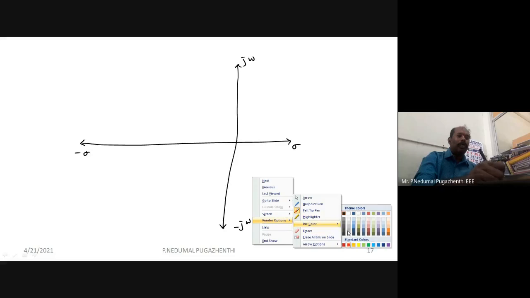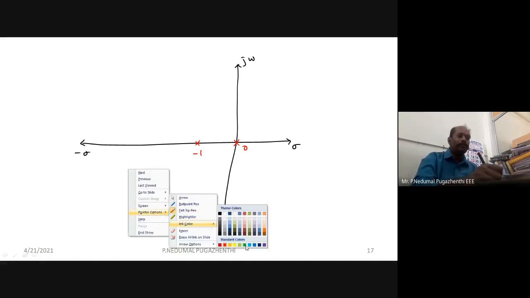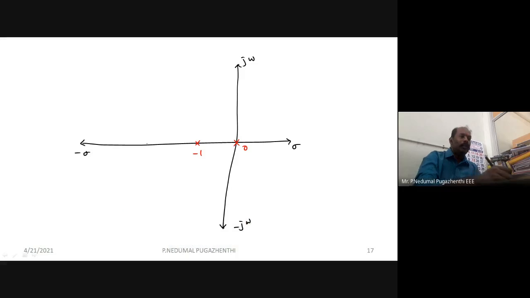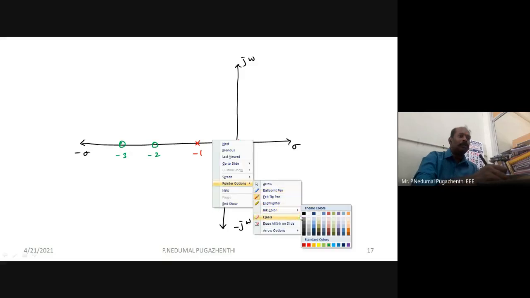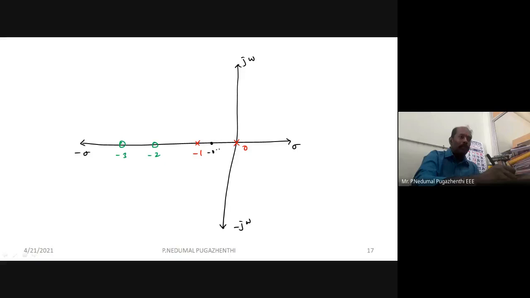Your poles are s equal to 0, s equal to minus 1, and your zeros are s equal to minus 2, s equal to minus 3. And one of your breakaway points is minus 0.6.